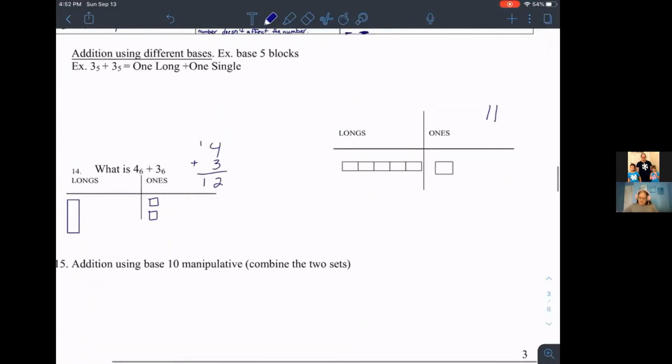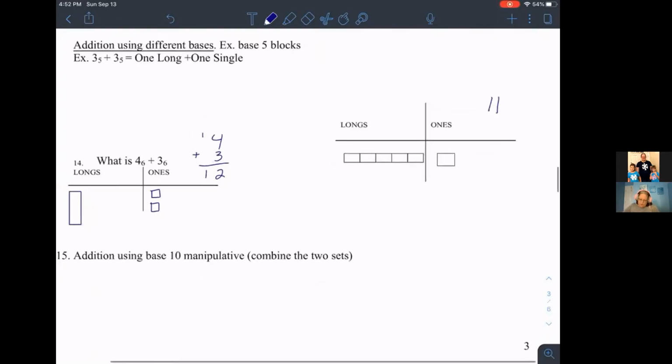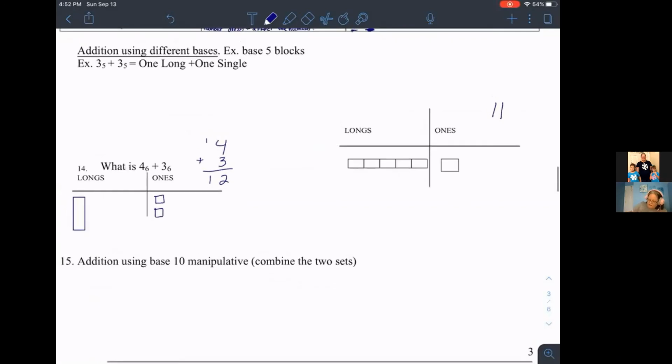All right, addition using different bases. Example, base 5 blocks would be 3 base 5 plus 3 base 5 equals 1 long and 1 single.